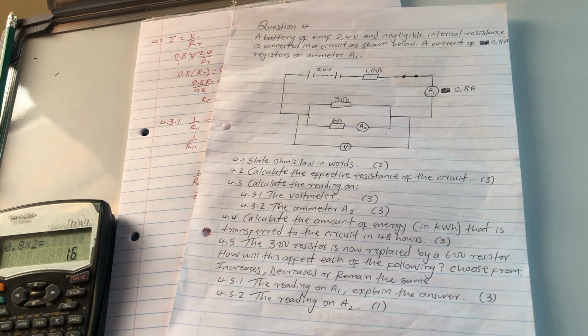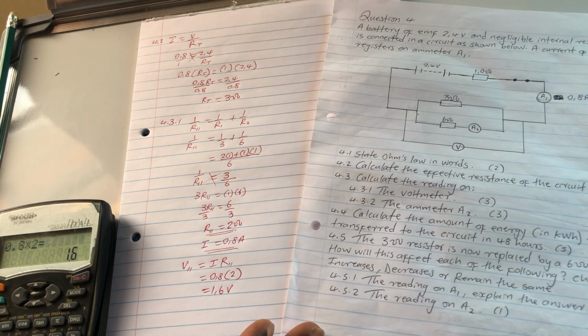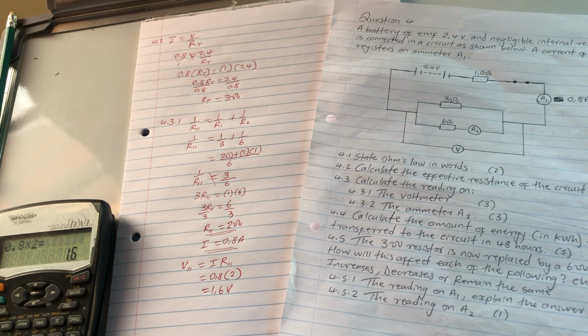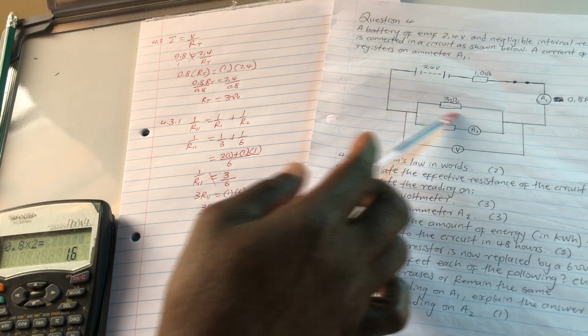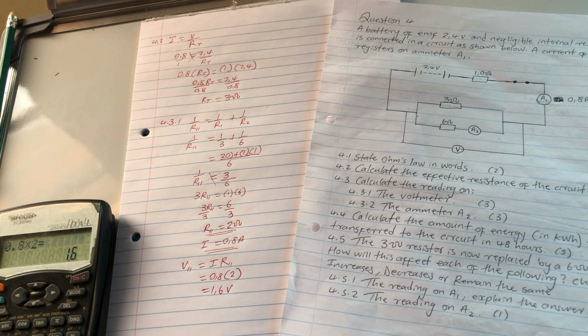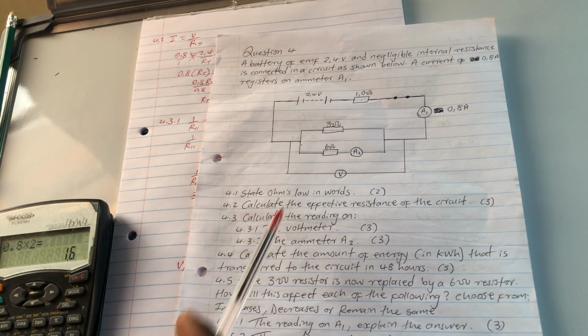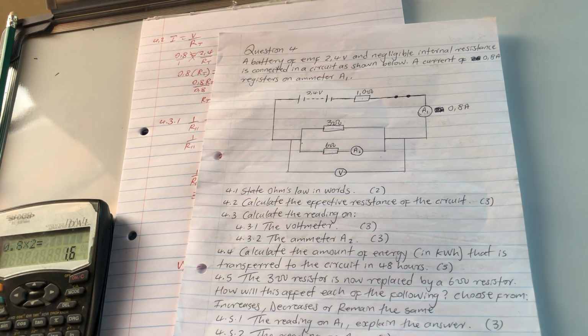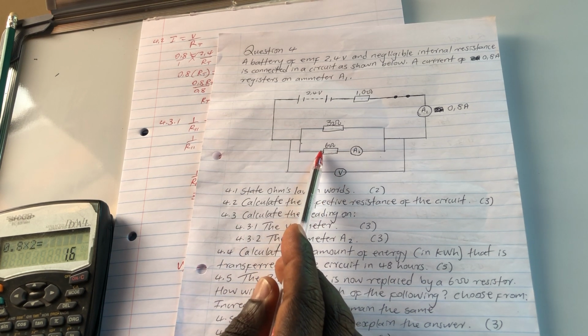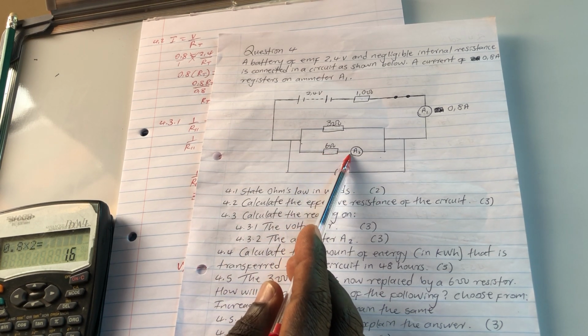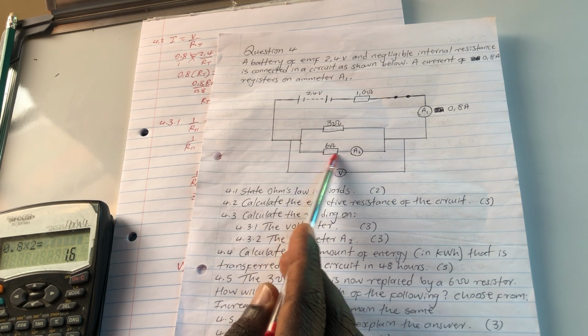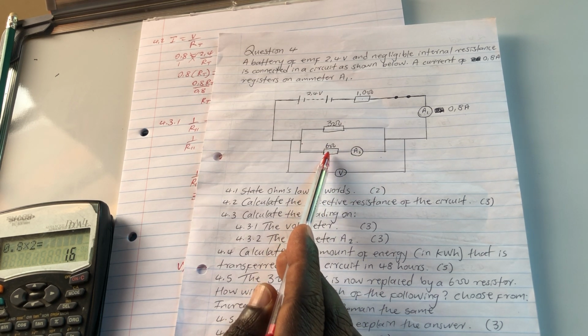We have just calculated the voltage of the parallel resistors and found that it is 1.6. It means that the voltage of 3 ohm is 1.6, and the voltage of 6 ohm is also 1.6. Now we are in a position to calculate the current passing through 6 ohm, then through A2, because here we know the resistance and we also know the voltage.